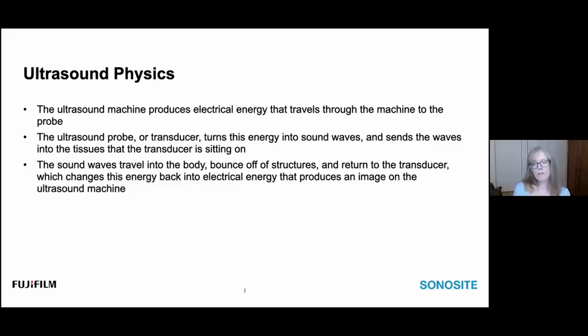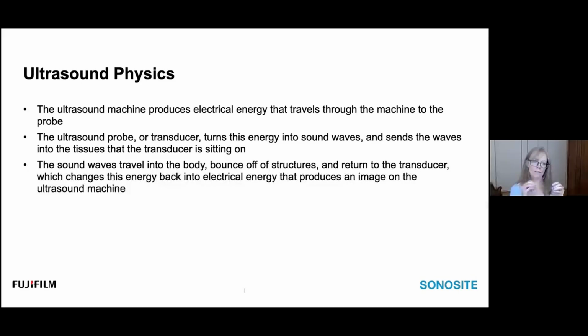So essentially, the ultrasound machine produces an electrical energy that travels through the machine to the probe itself. The ultrasound probe, or transducer, turns this energy into sound waves and sends those sound waves into the tissues that the transducer is sitting on. In this case, it's the probe sitting on the vascular access of the dialysis patient.